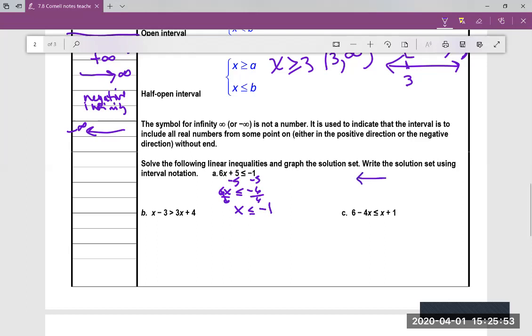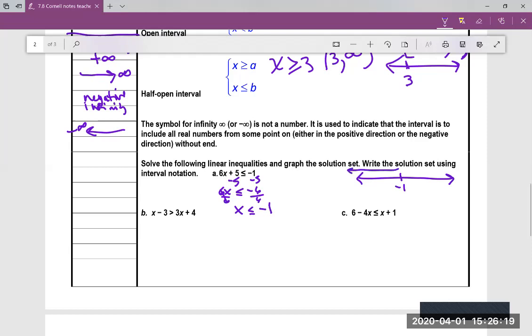I like to go ahead and graph it second. So the important number here is -1, and that's really the only thing I need on my number line. The solution is anything less than. If you always solve the inequality and have the x on the first side, the inequality sign actually acts like an arrowhead showing which way this should point.